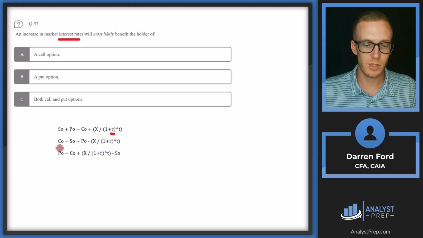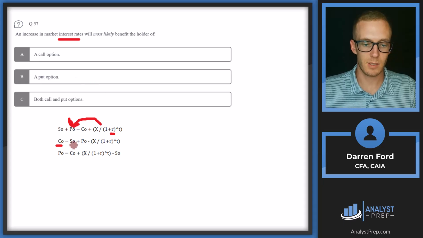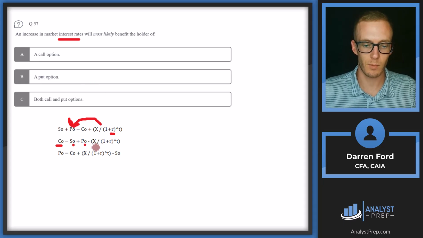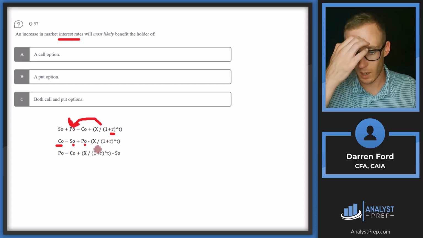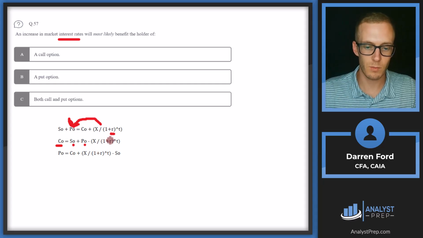To rearrange these two formulas for the call, we're going to move this over to the other side essentially. So we're going to get the underlying plus the put and then minus the risk-free bond. Essentially, we're subtracting out this portion, which has the R value in there.